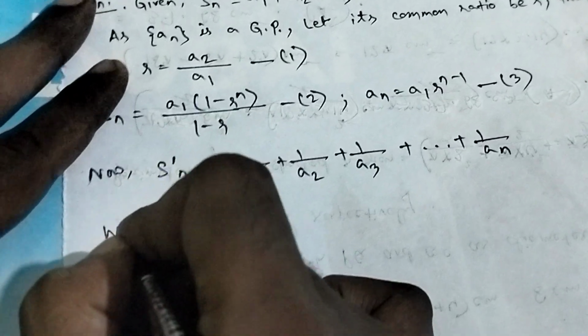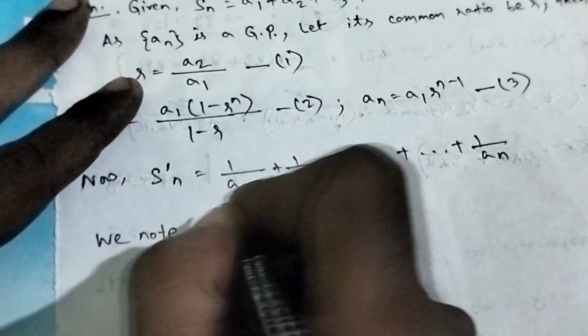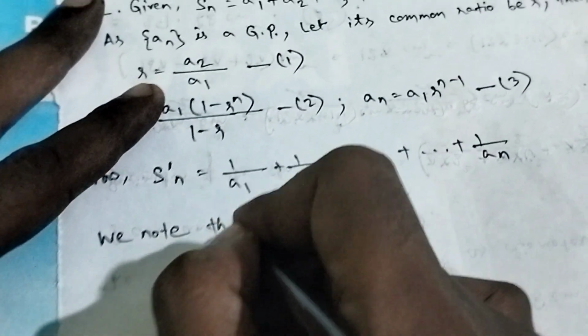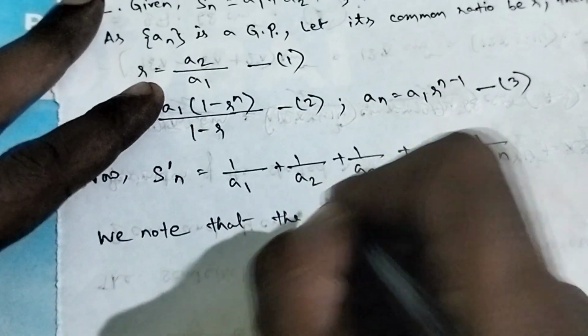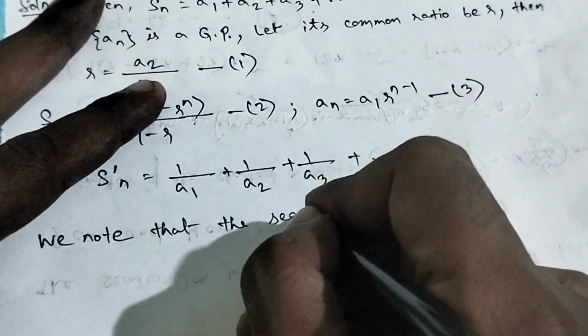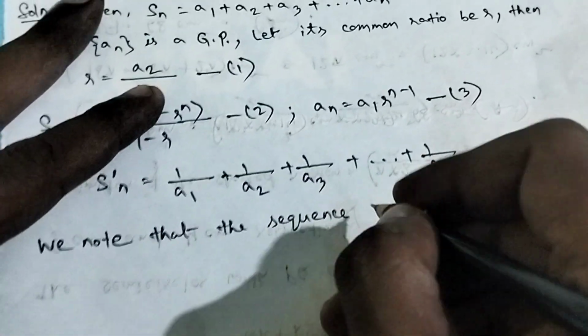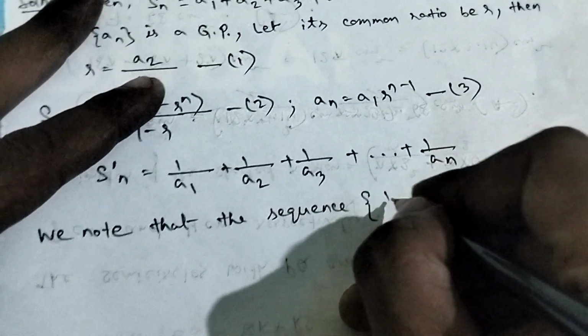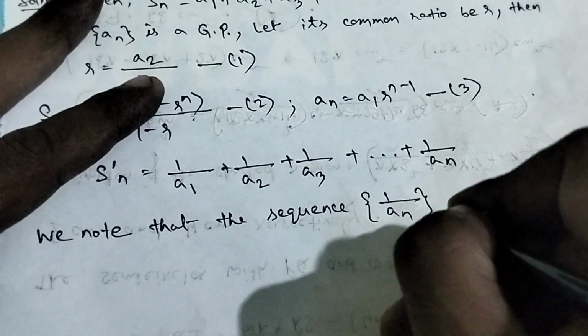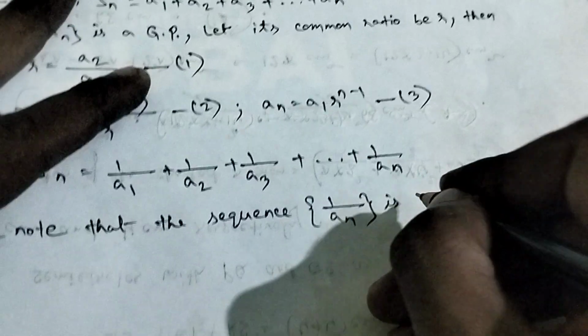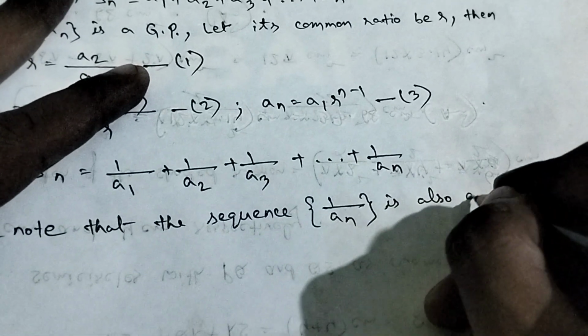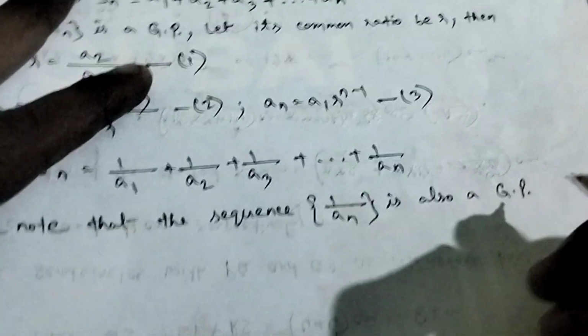So we note that the sequence 1 by An is also a GP.